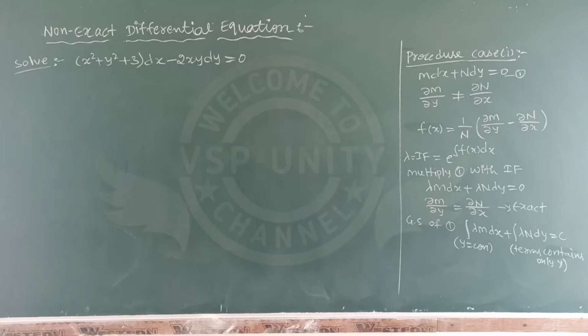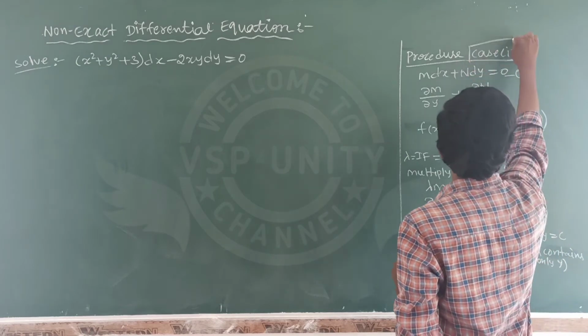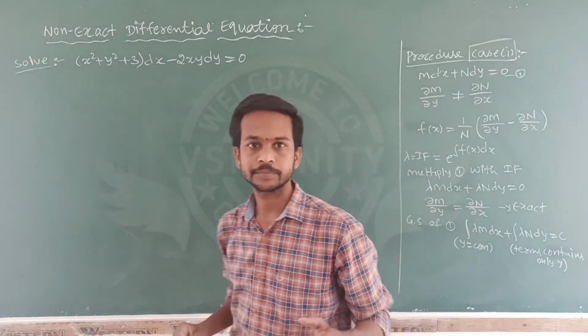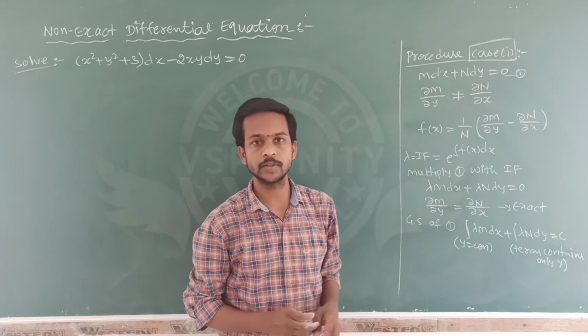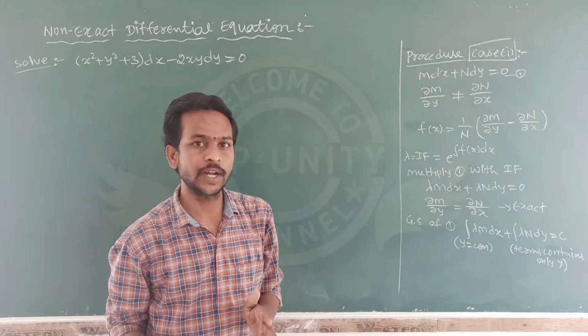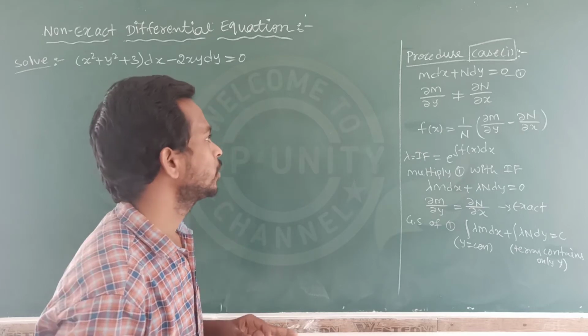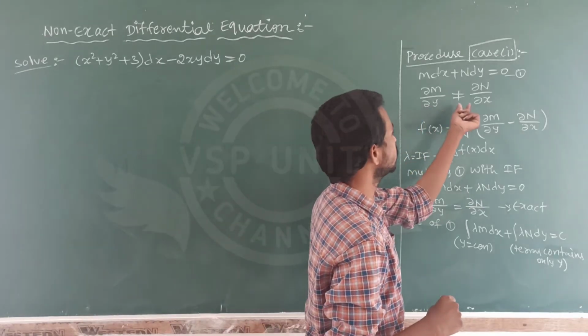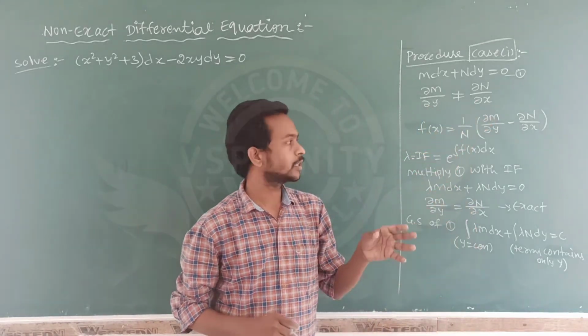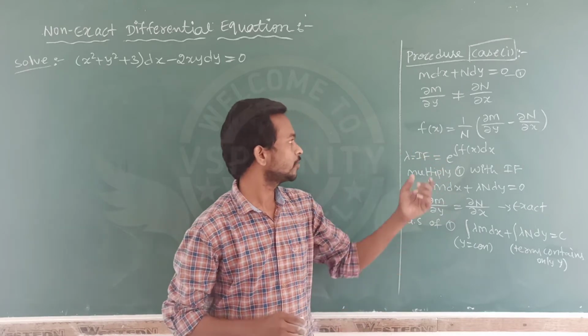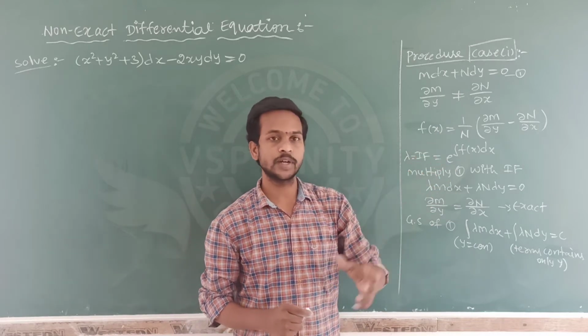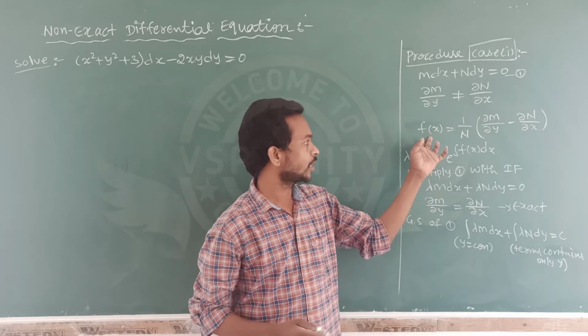Okay, see the procedure. Case 1 procedure. In case 1, if the given differential equation is like M dx plus N dy is equal to 0, first of all we have to find ∂M/∂y, then ∂N/∂x. If these two are not equal, then we have to apply any one of these 4 cases. See the first case, f of x. First we have to find f of x or f of y.